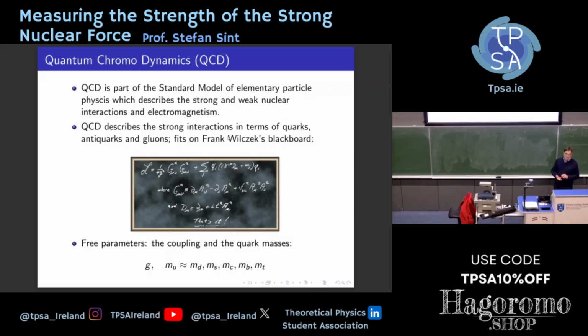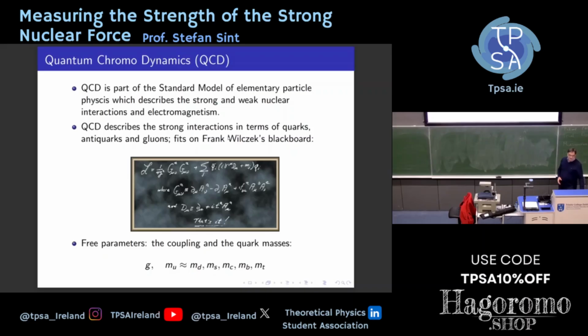So there are three interactions: weak nuclear, electromagnetism, and then I'm talking about the strong interactions. And then there's gravity, but gravity is kind of put aside for all these microscopic physics studies. Not all of them. Some models exist where gravity plays a role, but that goes beyond the standard model. The standard model is just about the known interactions except for gravity.